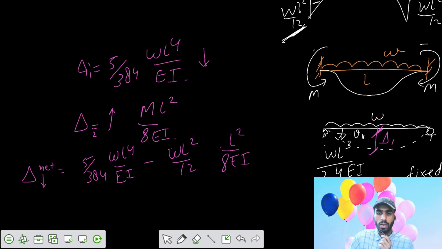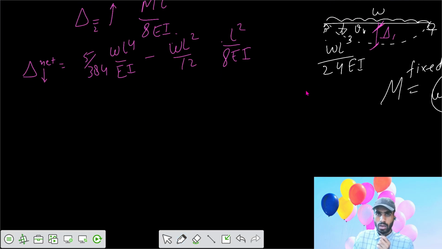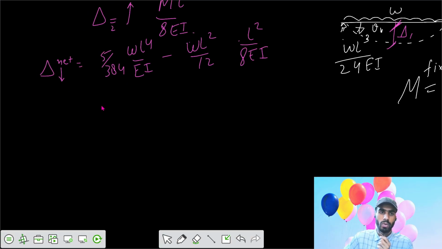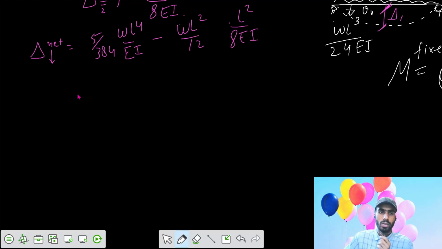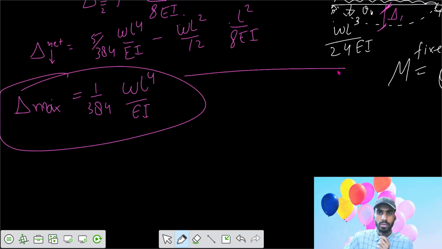So we get 1 by 12 into 8, that is 1 by 96, minus 5 by 384, that's 1 by 384 WL to the power 4 by EI. That is delta net, delta mid, or delta maximum. So the final diagram is this one.